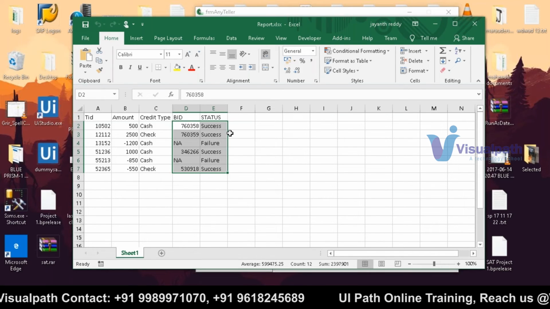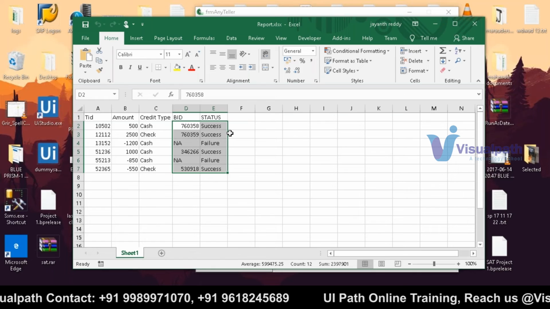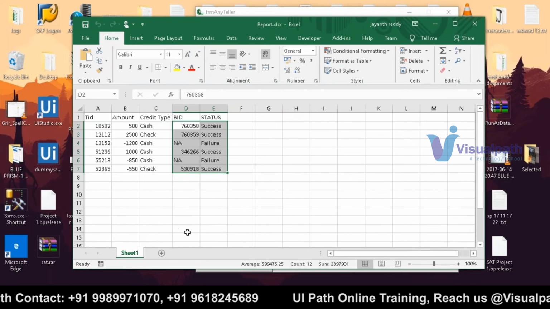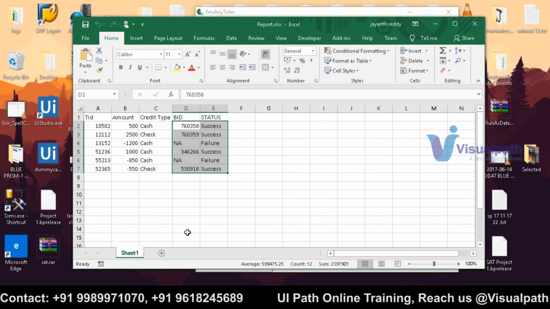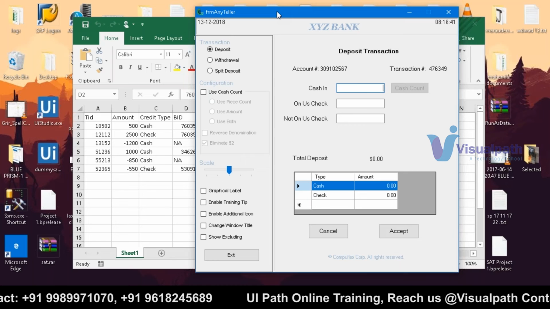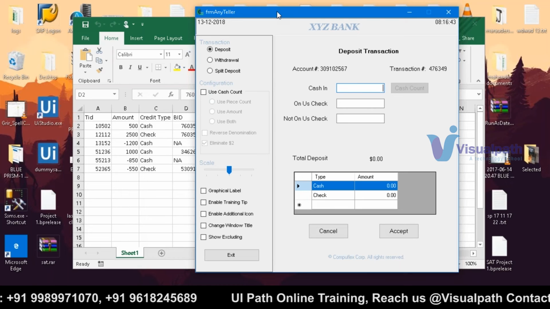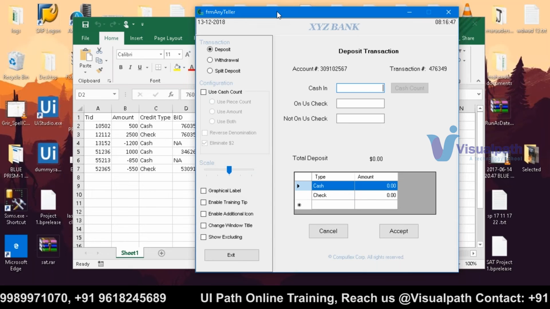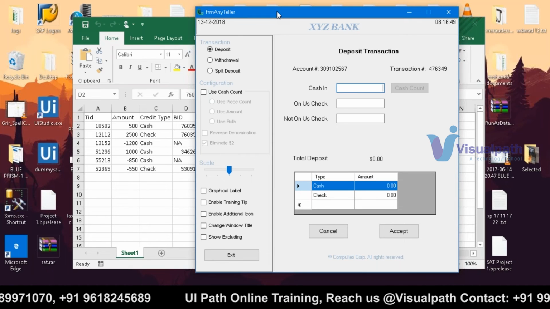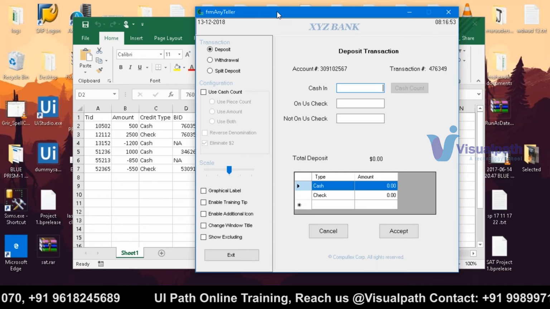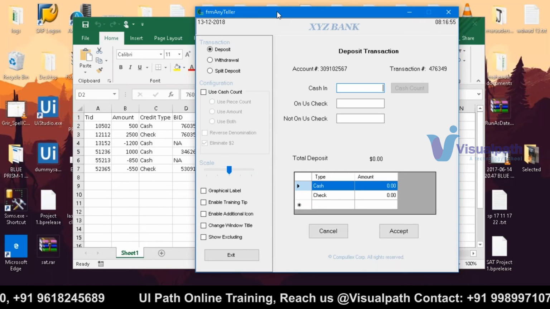Now, what is the to be process? Solution design document. First, what did we do? Step 1, read that Excel file, store the data into a data table. This is what we have done. Step 2, iterate through each row in the data table, get each field value by using get row item. Step 3, feed each row, open the application, any application. Step 5, feed each cell value into the cash or withdrawal by performing the if else condition.